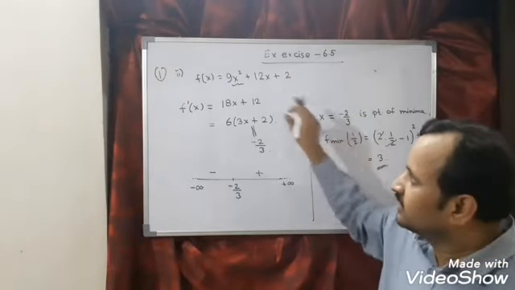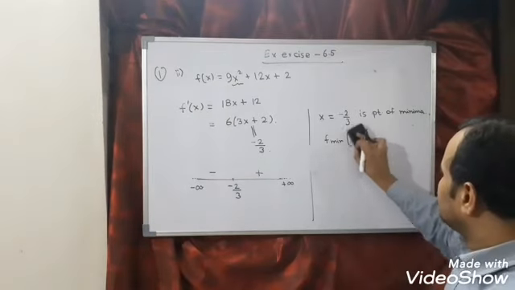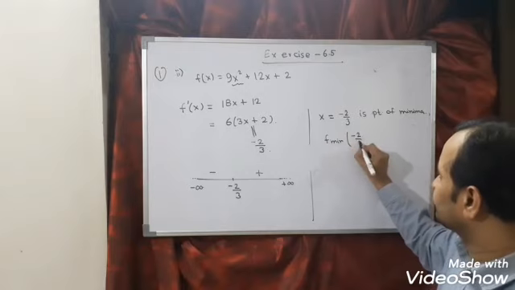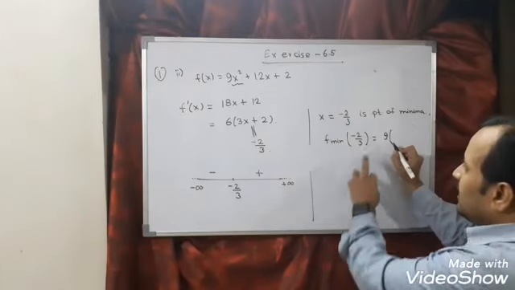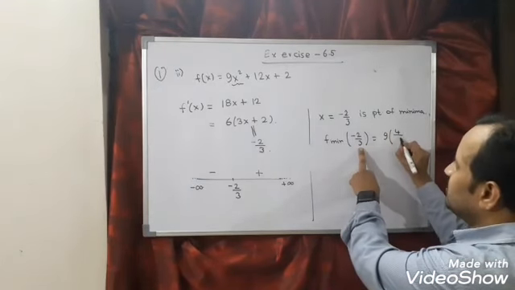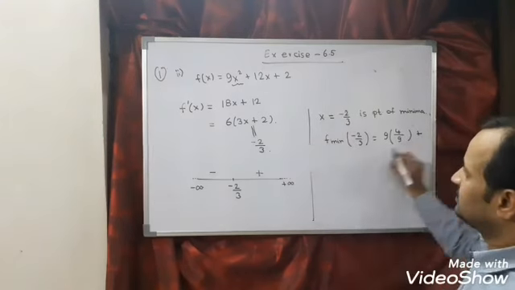Put this point in the function, you will get the minimum value. So put x equal to minus 2 by 3. I am writing directly: 9 into, so 2 means how much? I think 4 will come. And here 9 will come. And here, tell me, plus 12.